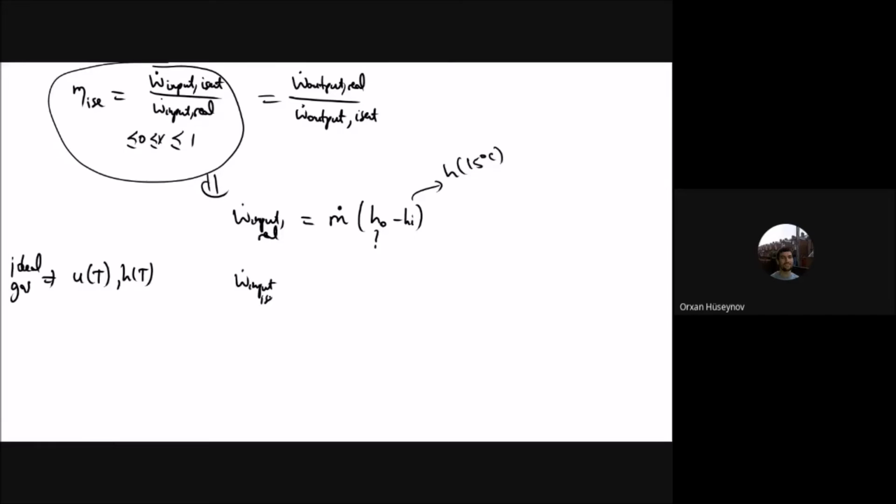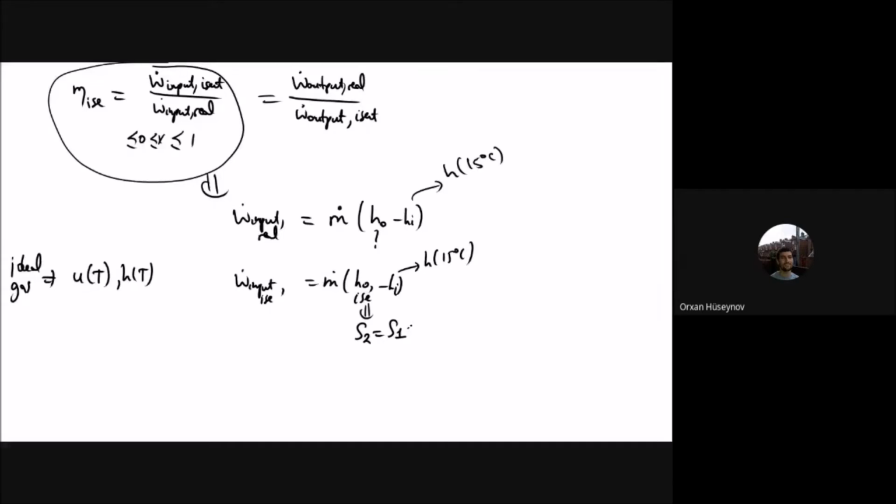Isentropic. So you will have the mass flow rate, enthalpy outlet, which is isentropic, minus enthalpy in. Okay. This will be for the isentropic case. Enthalpy inlet will be the same, H at 15 degrees Celsius, but isentropic enthalpy will be different. So how will I find it? I will find the isentropic enthalpy by using that S2 will be the same as S1.